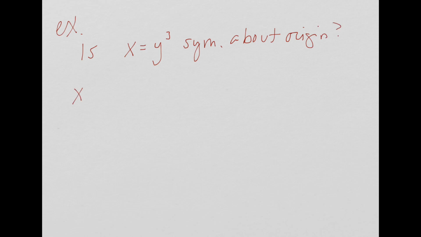Let's look at one more example of this. Is the equation x equals y cubed symmetric about the origin? Well, to test symmetry about the origin, I'm going to write down my original problem, replace x with negative x and y with negative y, and now we're going to simplify it.